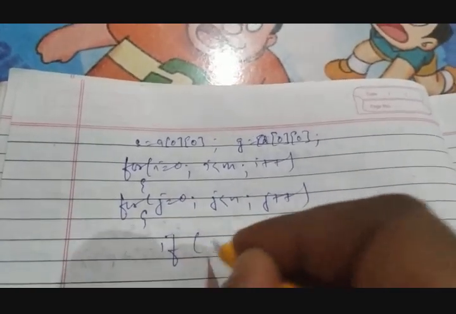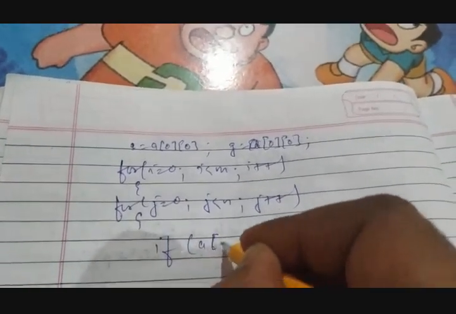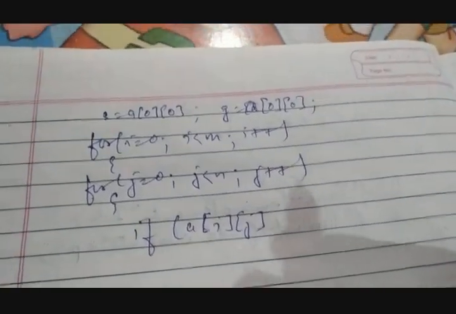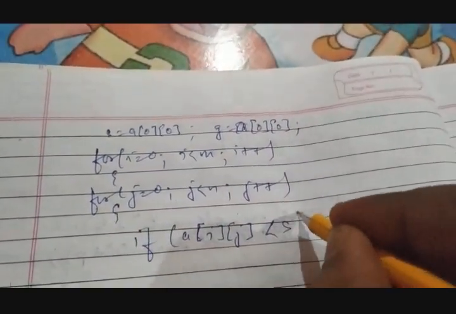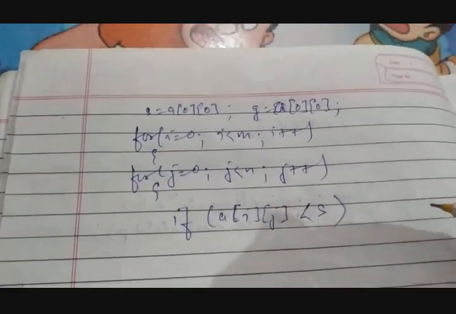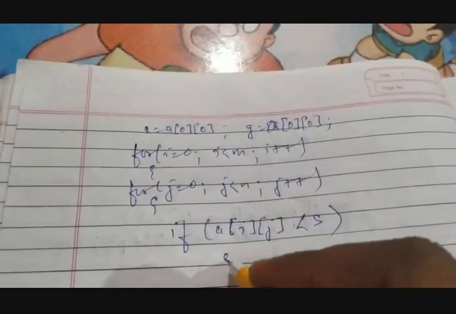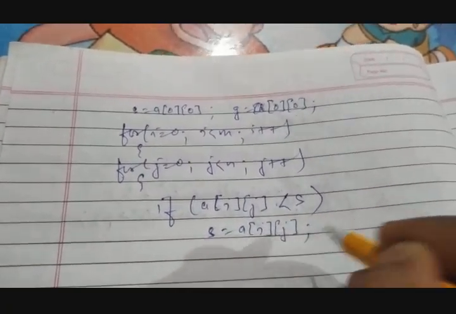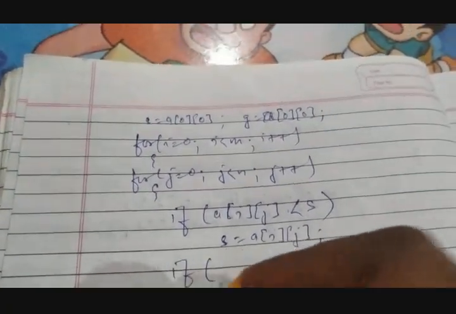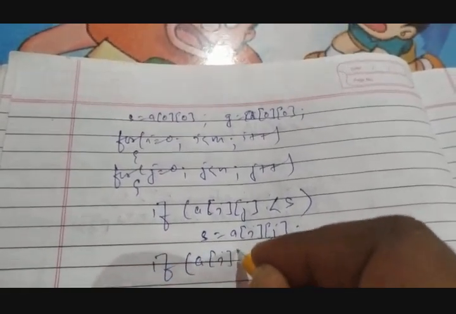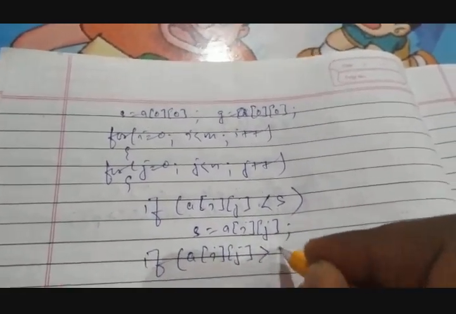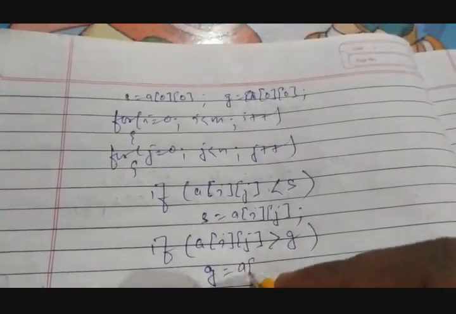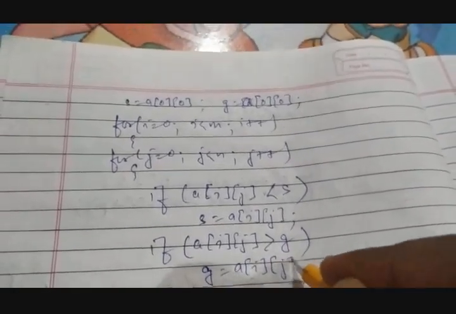If the element which you have picked, a[i][j], is less than small, then small equals a[i][j]. If the element which we have picked is more than the greatest, then g equals a[i][j].